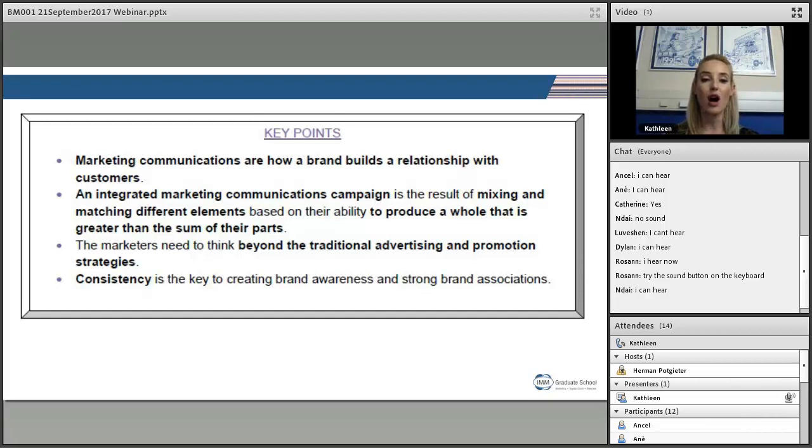The third point is that marketers need to think beyond traditional advertising and promotion strategies. We are living in an era of social media and easy to come by digital communications, and we need to be aware of how those are going to impact us in our marketing communications and in our brand building. And finally, consistency is the key to brand awareness and building strong brand associations.